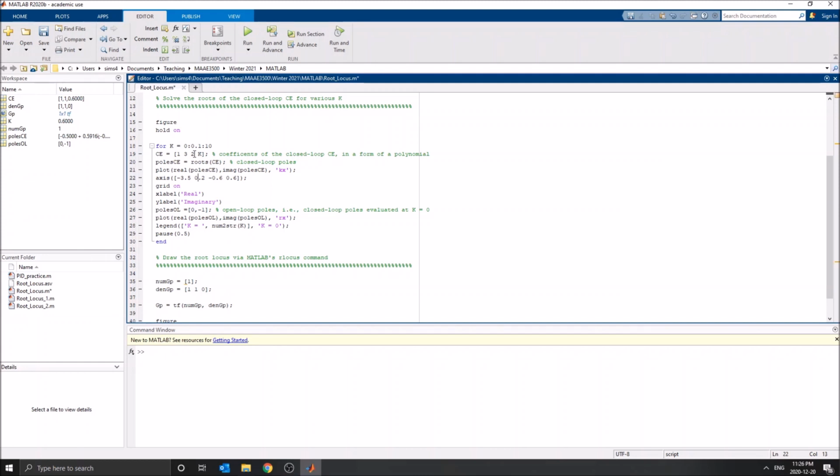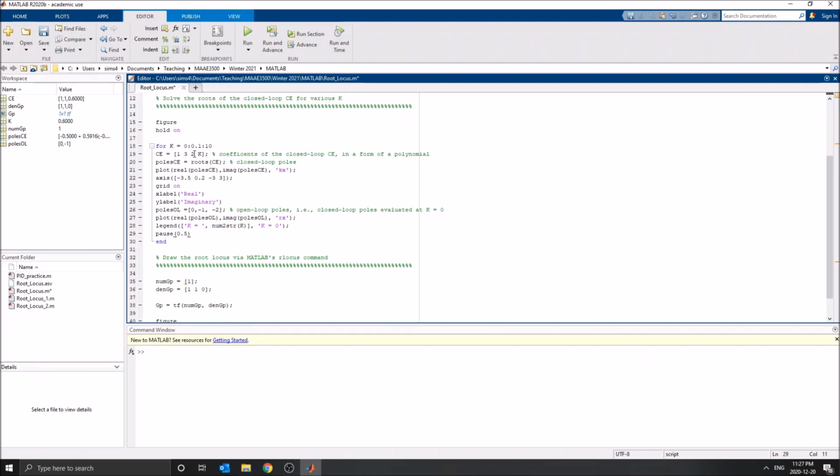I'm going to go minus 3.5 to 0.2 and say minus 3 to positive 3. Again, my labels don't change. The open loop poles in that case were s equal 0, s equal minus 1, and s equal minus 2.